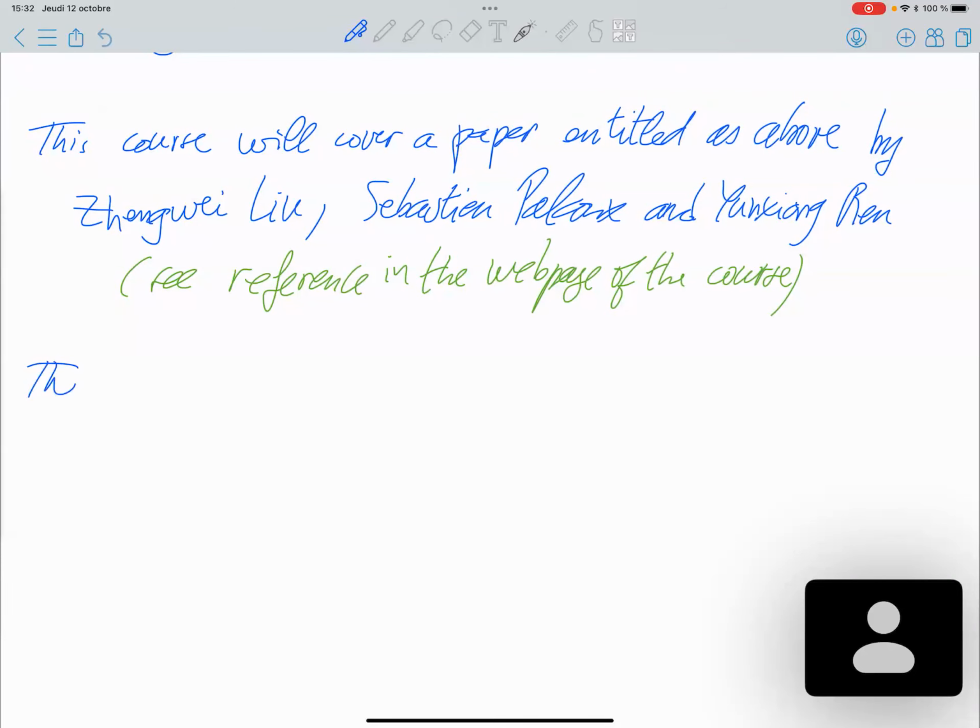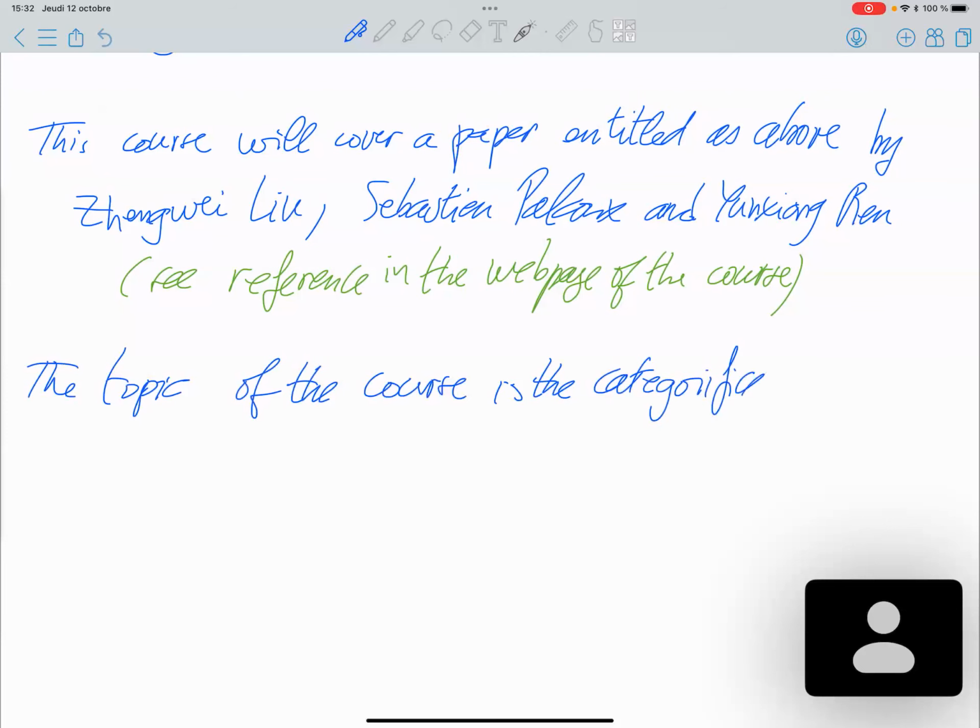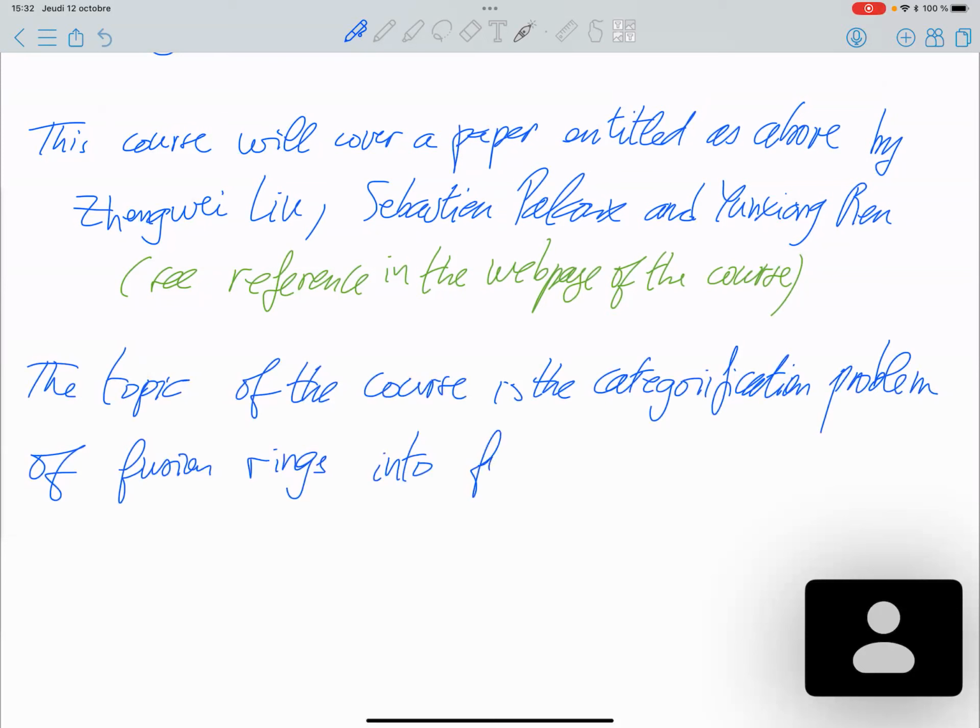Okay. So the topic of the course is the categorification problem of fusion ring into fusion categories.